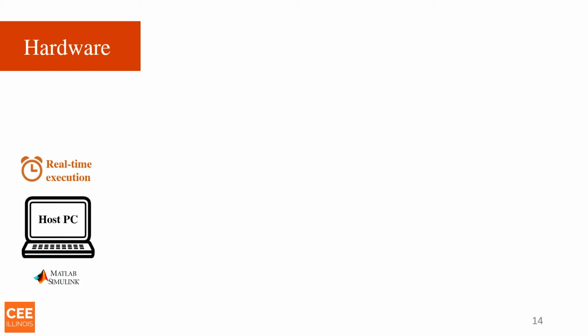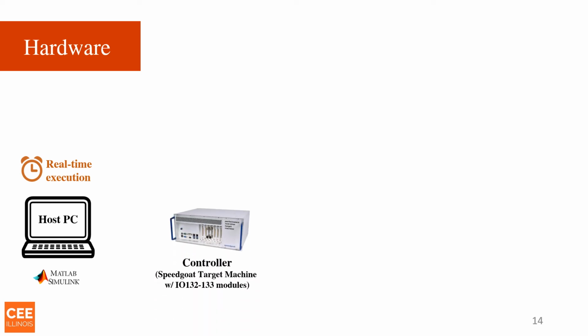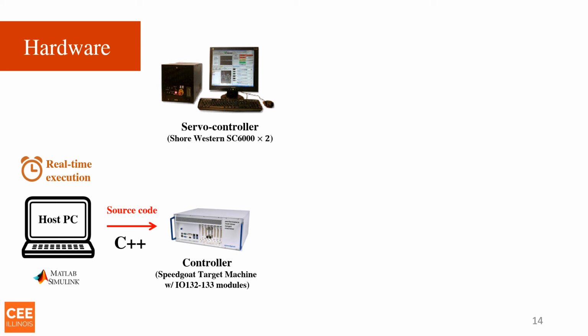In terms of the hardware that's needed to run this kind of experimentation, it starts with a host PC. We can simulate everything in MATLAB, convert to C++, and send our application to a controller for execution. The controller will communicate with a servo controller for the operation of the actuators.